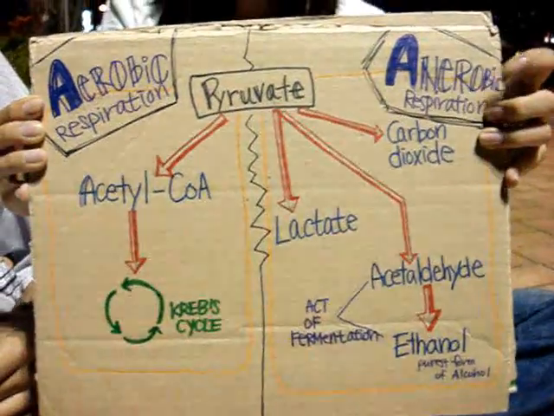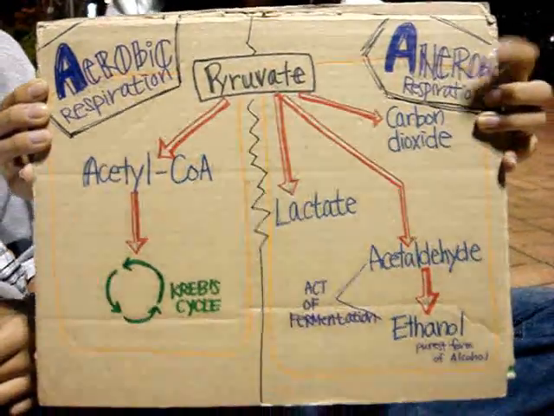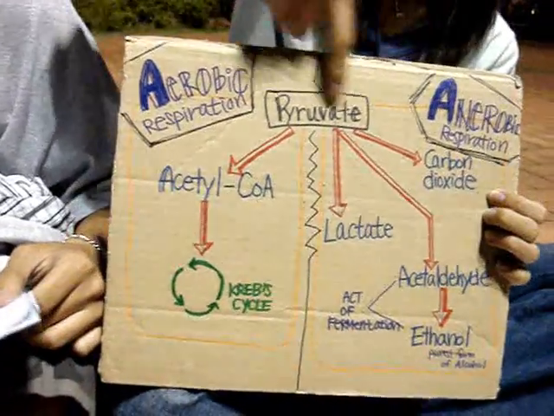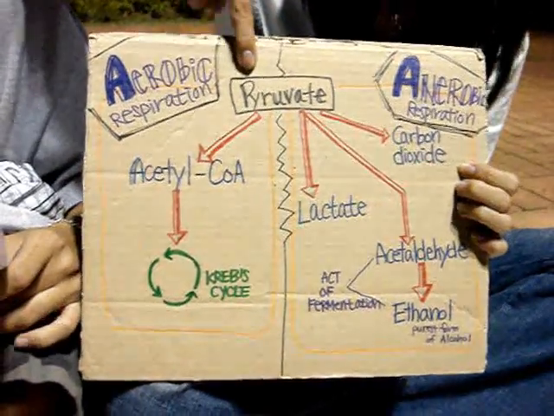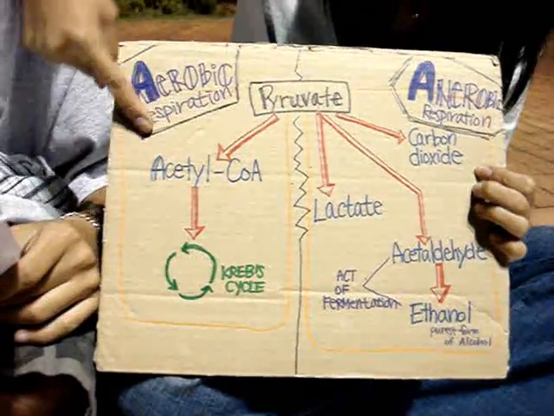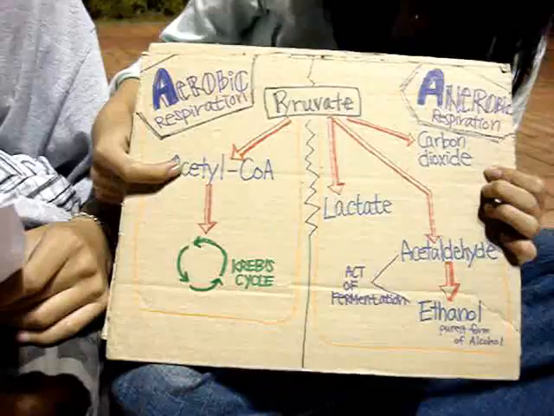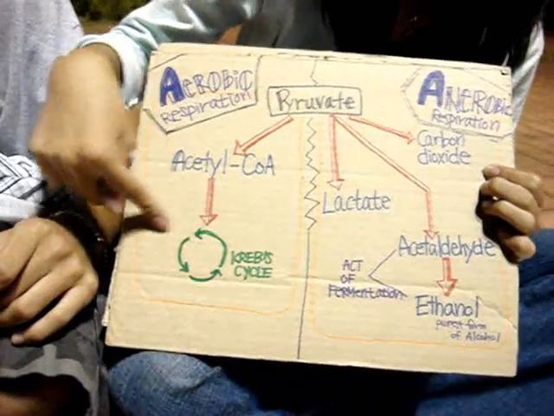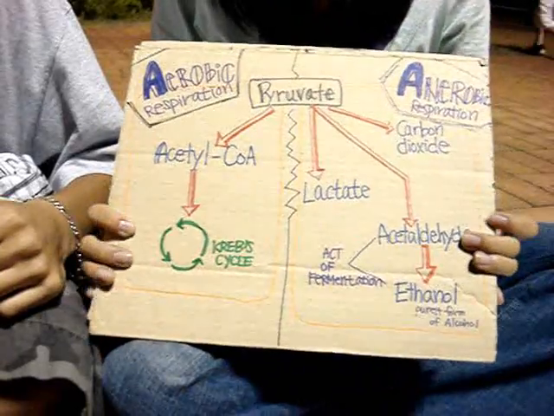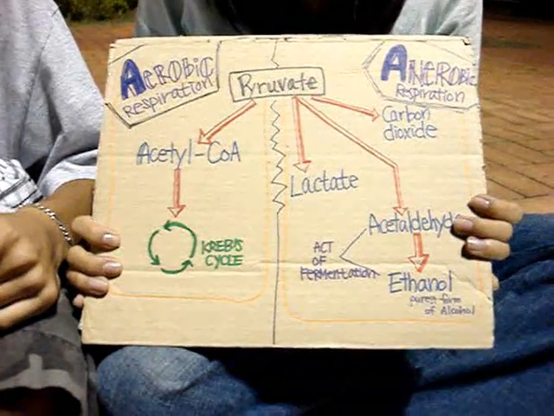If there is no oxygen, however, it will go through a process called anaerobic respiration. Within aerobic respiration, pyruvate forms acetyl CoA, an important molecule in metabolism. Acetyl CoA goes within the Krebs cycle, which results in the production of energy known as ATP.